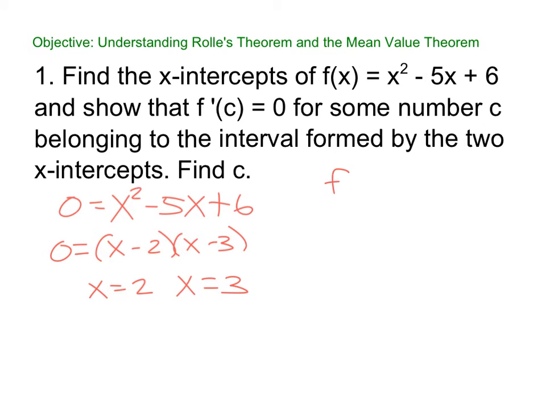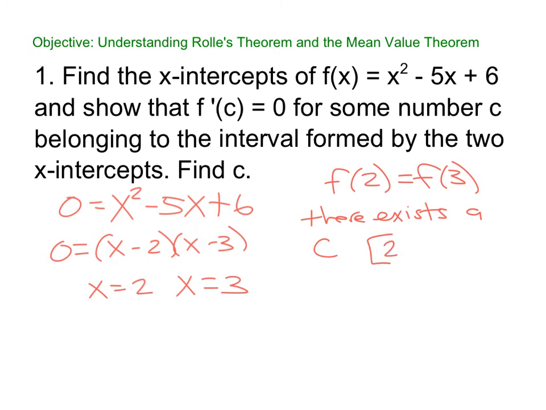So f of 2 equals f of 3. That means at some point between there exists a c somewhere in 2 to 3 where f prime of c equals 0.